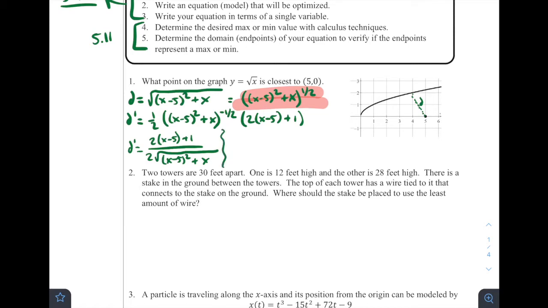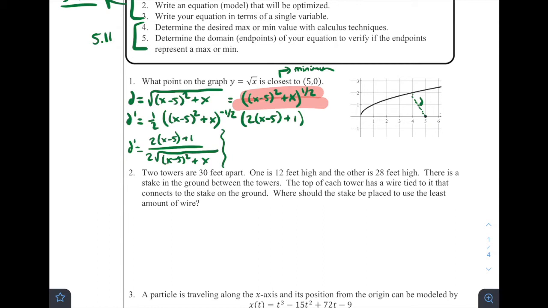Now, of course, we're looking for the closest value. So in this case, closest is going to make the distance d a minimum. And we know from our work earlier in chapter 5 that minimums and maximums, extrema, can only occur at critical values, places where the derivative is equal to 0 or it's undefined.